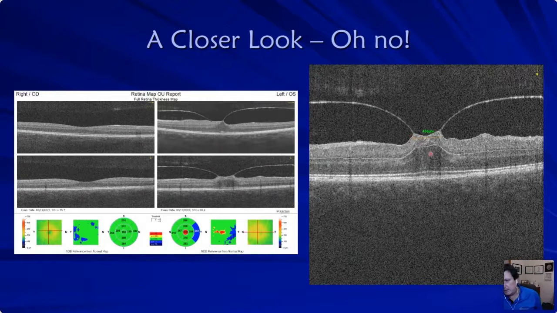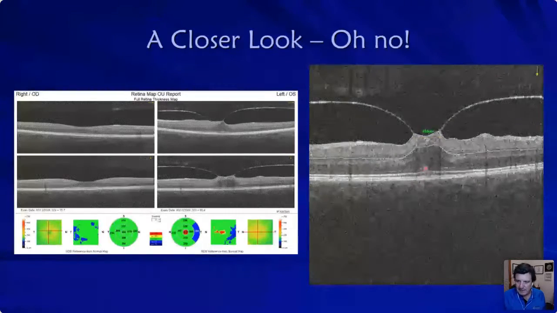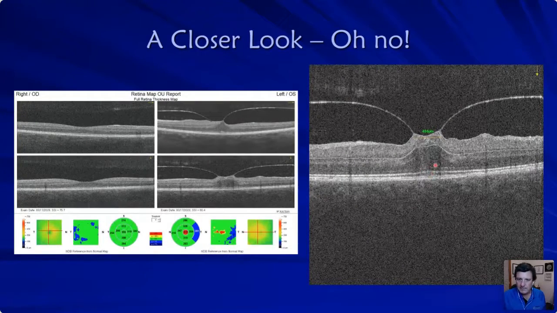Obviously, you want to be parallel to the retina here. So that's why it's kind of tilted, going parallel to this plane. And I measured this here at 455 microns, well below that 1500 microns. The photoreceptors are intact. The external limiting membrane's getting a little fuzzy. So I just said, come on back, see how you're doing.